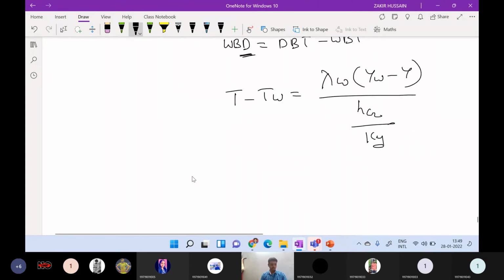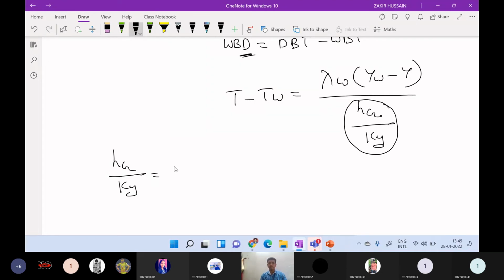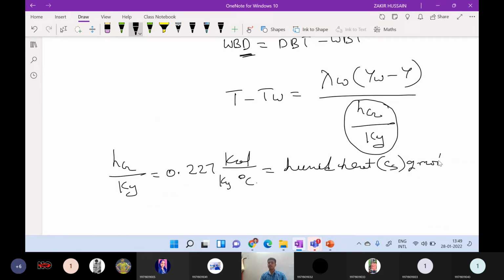From the psychrometric chart, the ratio of heat transfer coefficient to mass transfer coefficient, Hg by Ky, is popularly reported as 0.227 kilocalories per kg degree centigrade. This is also equal to the humid heat, Cs, of moist air.